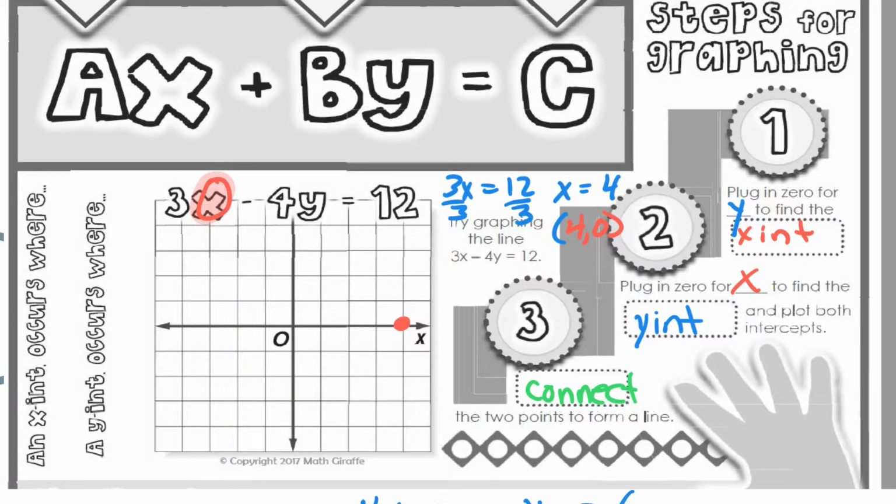So our y-intercept is at the point (0, 3). We can plot 1, 2, 3, and then we just connect our points. And if you recall, an x-intercept occurs when y is equal to 0, and the y-intercept occurs where x is equal to 0.